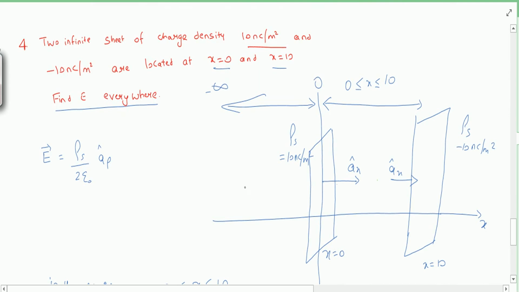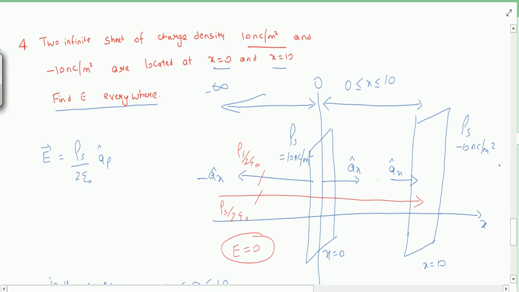So for this surface the electric field direction will be in minus ax cap, and for the negative surface charge density the electric field direction will be in this direction. So here this is rho s by 2 epsilon naught and here it is rho s by 2 epsilon naught. Both will cancel each other, so the electric field here will be 0.